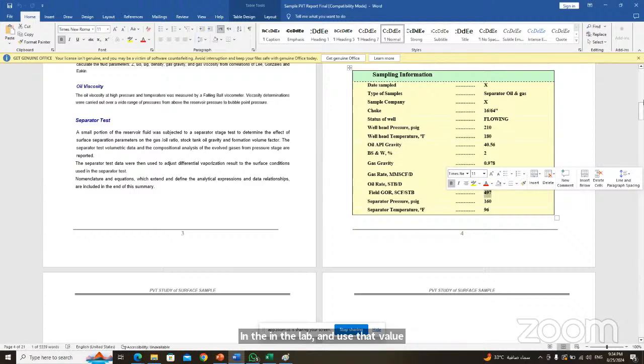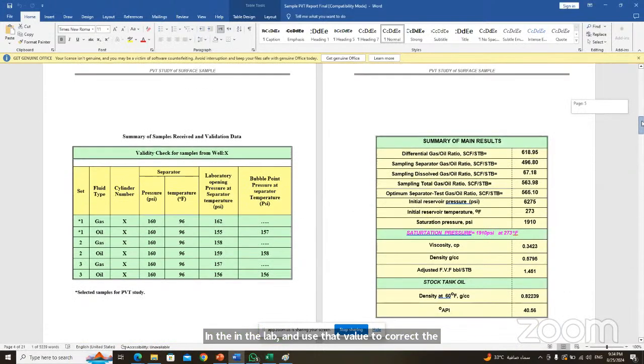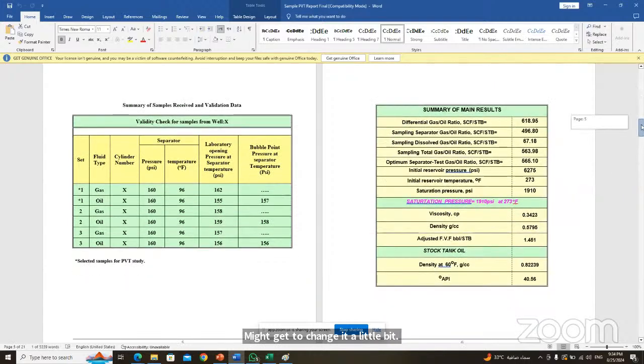So the GOR might get changed a little bit. Okay. You see here, this is the sampling GOR. This is the additional dissolved GOR.